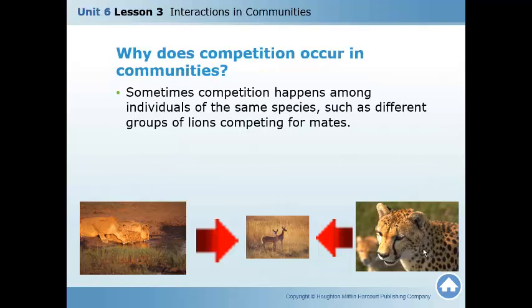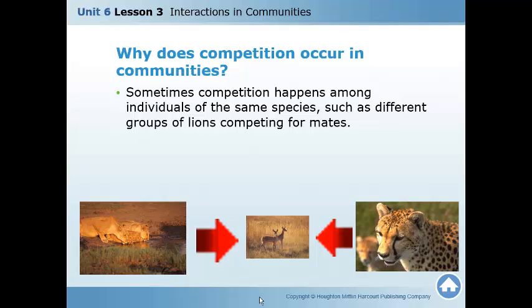Sometimes competition happens among individuals of the same species, like different groups of lions competing for mates. So this type of cat is competing for the antelope deer in the area, and so is this type of cat. They're within the same species, but they're competing for the same food.